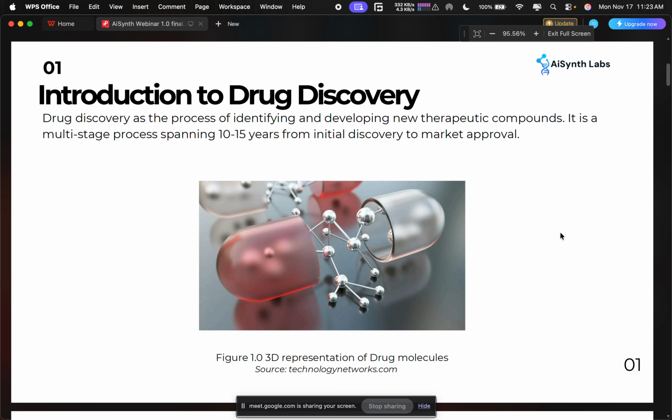So, introduction to drug discovery. What is drug discovery? It's the process of identifying and developing new therapeutic compounds. It's a multi-stage process, spanning from 10 to 15 years, from initial discovery to market approval. It's a long process: you look for the drug, you test the drug on animals, you pick a particular compound and find out that it has some therapeutic advantages.